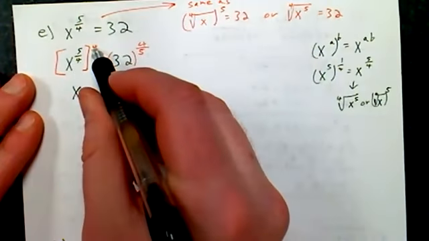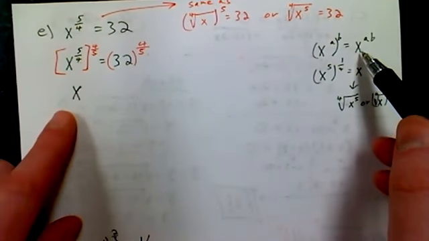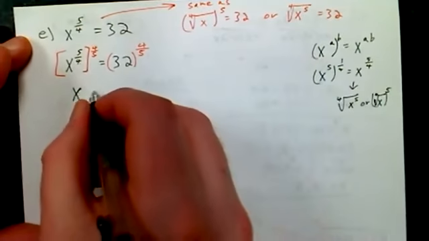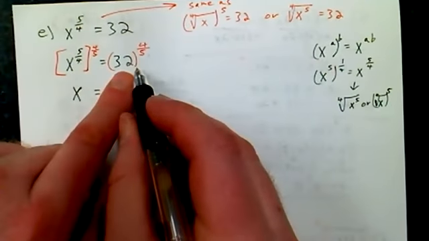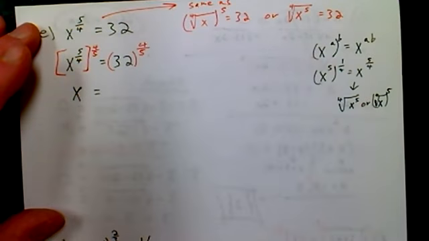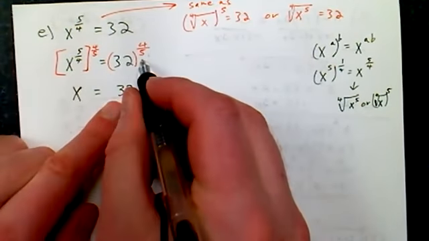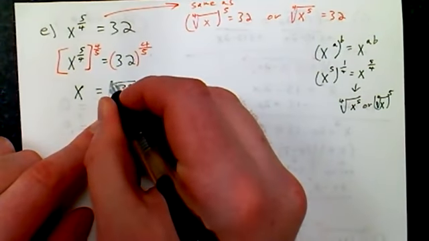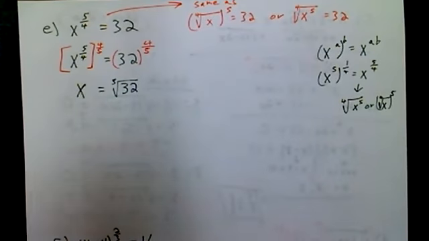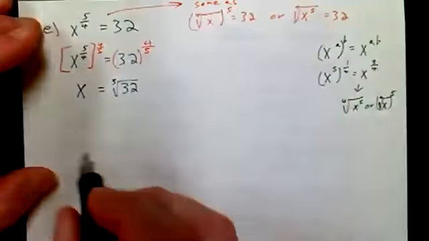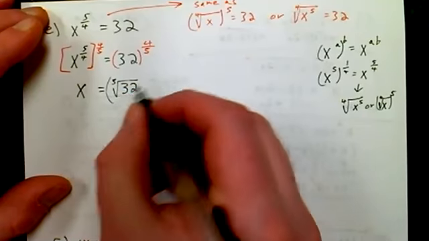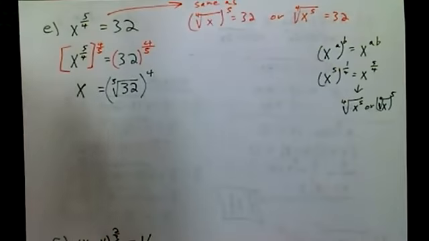Okay, 5/4 times 4/5 using this rule is just x to the 1st power. Now, there's two ways I could write this. Okay, the easier way in this case is to write as 32. The 5 on bottom, just like I wrote up here, means 5th root. Whatever's on bottom, it's that type of root. And then it's raised to the 4th power. That's one way I could write it.